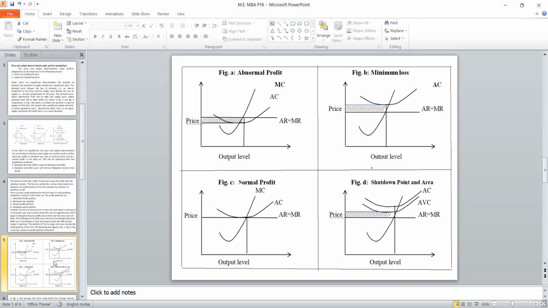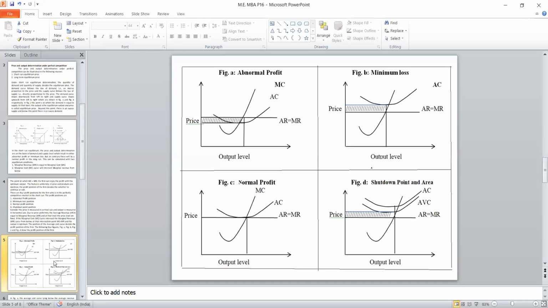So in all 4 figures, just draw one parallel line, AR equal to MR. At that level only, you have to measure P, that is price. Then one more curve called the MC curve. That MC curve is an upward sloping curve. That particular curve is also the same in all 4 profit positions.